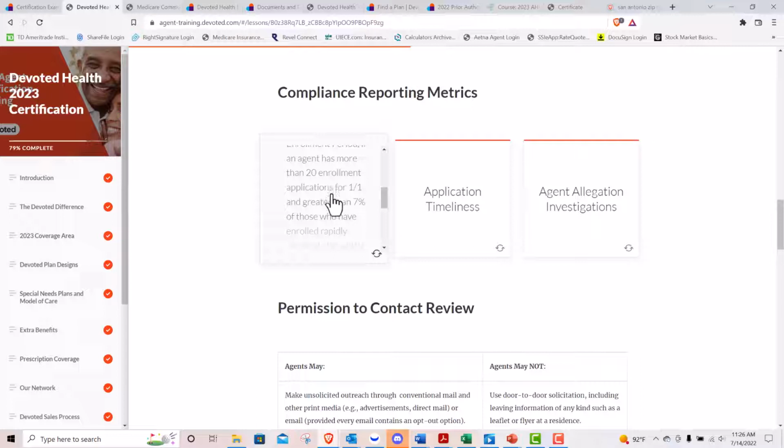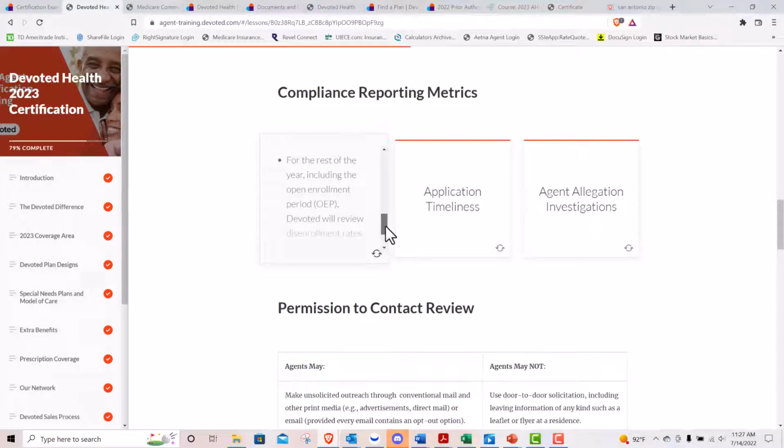Less than 2. I guess if it's 2, greater than 7% would be 2. So if 2 people rapidly disenroll, then you will be reviewed. So make sure you don't do that.